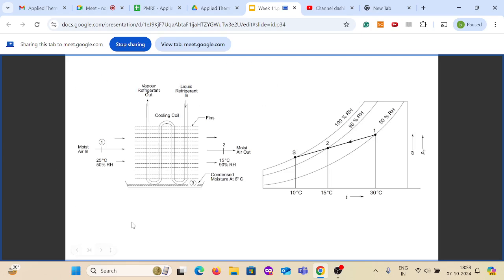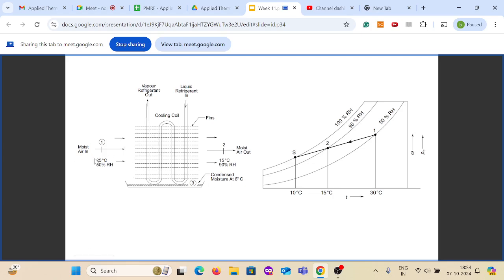So this is what is happening here. You have a cooling coil where the refrigerant is flowing, and over this you have fins and the air is flowing over it. Because this temperature is lower than the dew point temperature, some of the water vapor will condense and is collected below.